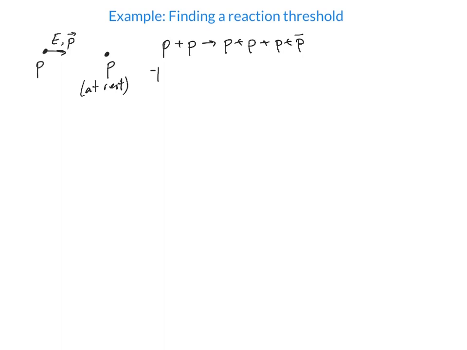So the condition for the threshold, if you think about it, is that all 4 particles after the reaction should be at rest in the center of mass frame. That minimizes the energy that the 4 particles have, because otherwise you would have to add kinetic energy.